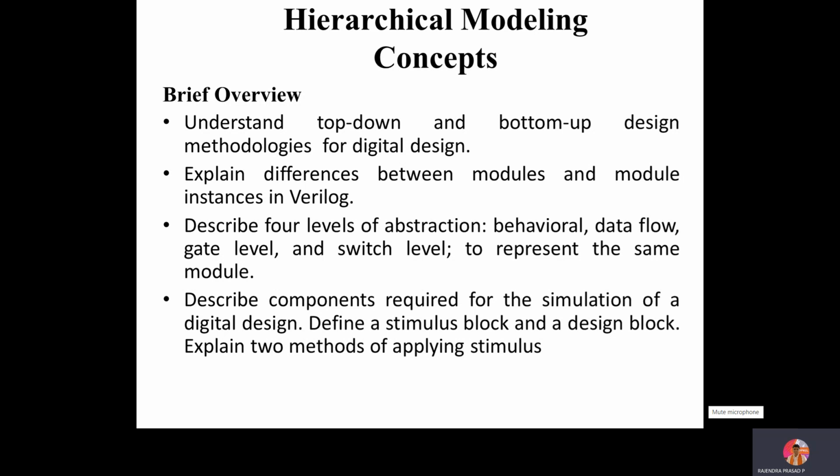Four different abstraction levels: behavioral, data flow, gate level, and switch level. We'll take one simple example and write the same program in these four different levels so that it will be very easy for you to understand.